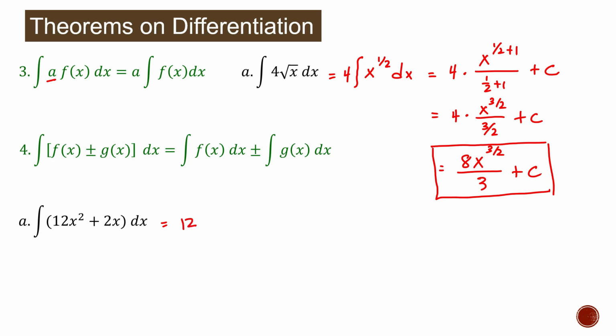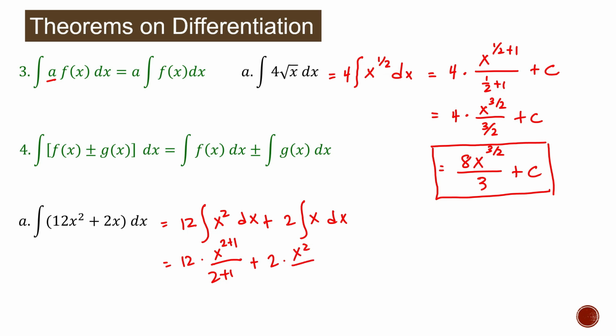So that's the integral of 12x squared dx plus the integral of 2x dx. So this will be 12 times x raised to 2 plus 1 over 2 plus 1 plus 2 times x squared over 1 plus 1, plus c.